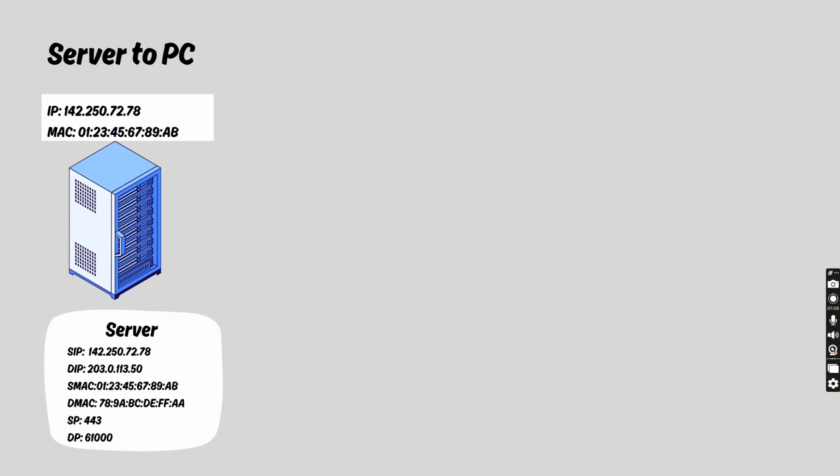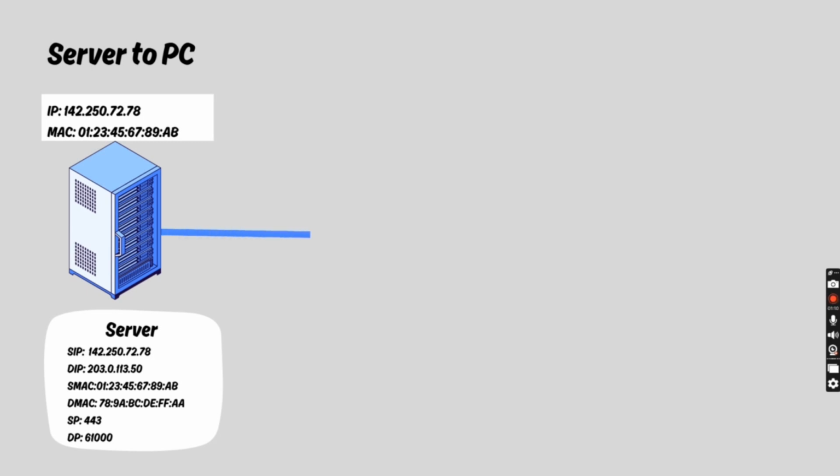The source MAC address is the server's MAC, which is 0123456789AB, and the destination MAC address is router 2's MAC, which is 789ABCDEFFAA. The source port is 443, the standard HTTPS port, while the destination port is 6100, which was previously assigned by router 1 to track the session.